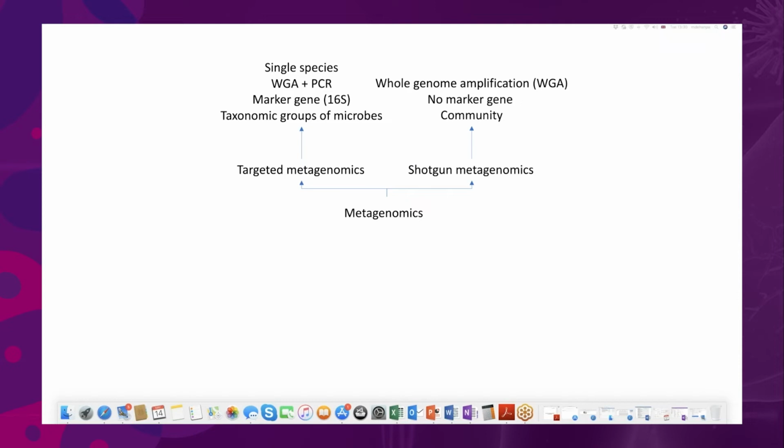We can also perform a whole genome amplification step coupled with PCR, and we can use targeted metagenomics when we are interested in a single species. For example, in cases where we have a viral infection, probably from a known agent, we want to identify the genome or the species that causes the infection.